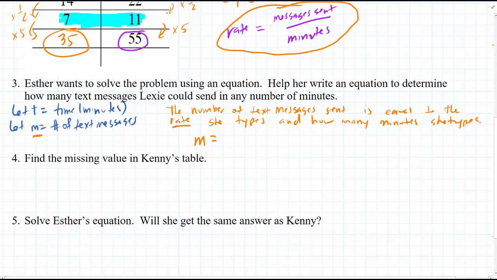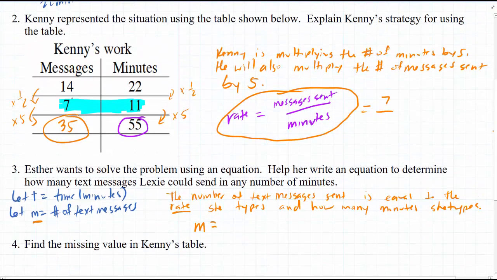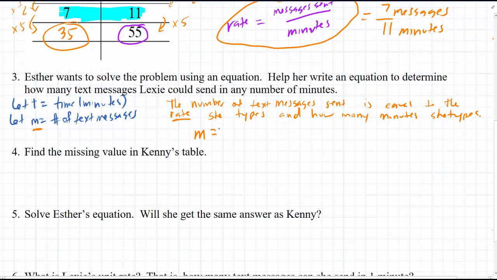So in this case, she sent 7 messages in 11 minutes. That's the rate. 7 messages in 11 minutes. Okay, so we'll go ahead and write that here: 7 messages in 11 minutes.